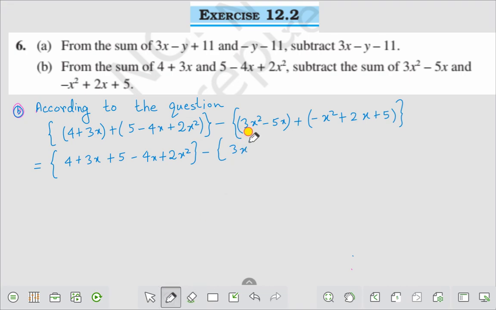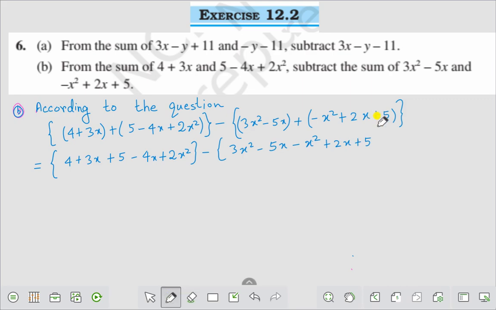minus 5x minus x square plus 2x plus 5. This is in second bracket, right?